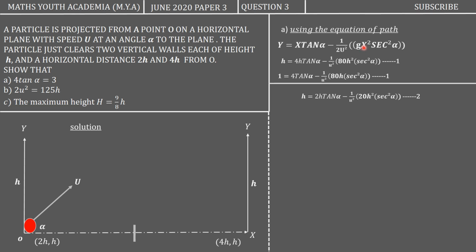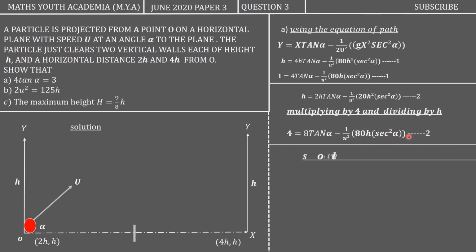Which is giving us 4h squared times 10, 40h squared divided by 2. This is giving us 20h squared sec squared alpha on u squared. Multiplying by 4 and dividing by h, I multiply by 4 for easy simplification. I will have 4 equals 8 tan alpha minus 80 sec squared alpha on u squared, which is our equation 2.